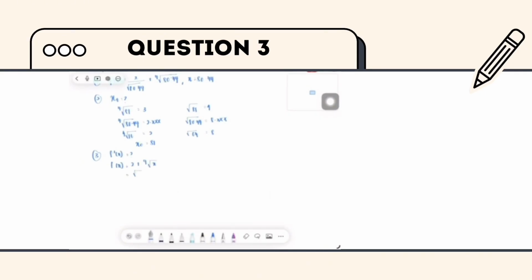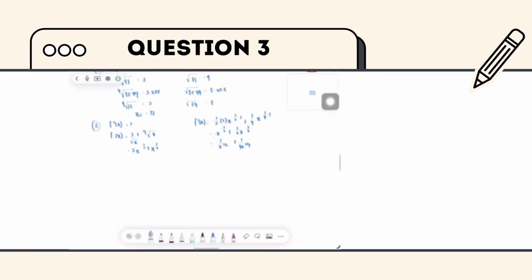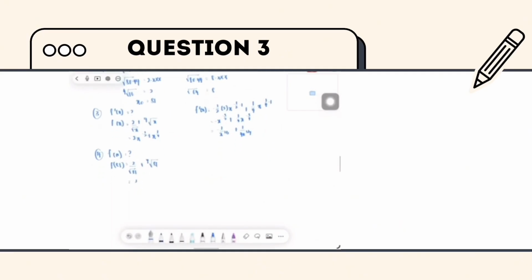Now, we differentiate the function. And we differentiate term by term. Now, we find f(81).